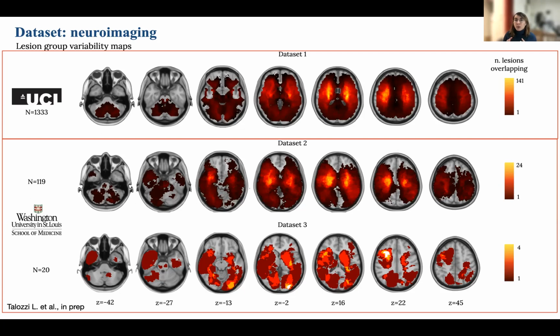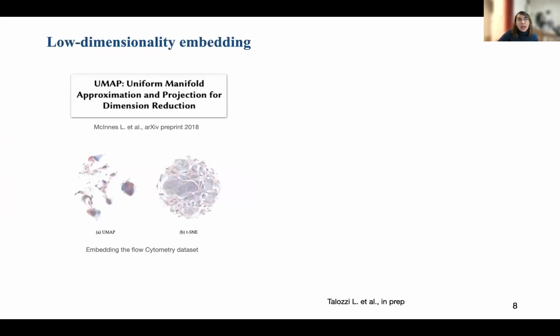So dataset 3 will be an out-of-sample dataset that we are going to use to validate the model that has been built using datasets 1 and 2, to see if there is an agreement for new patient application.